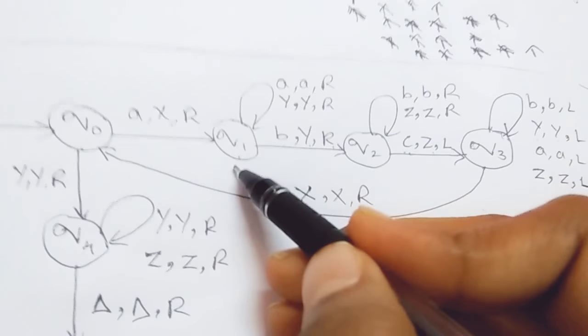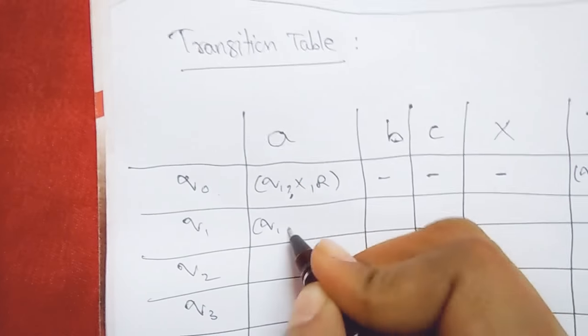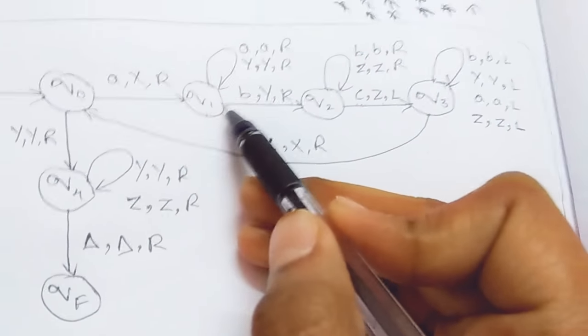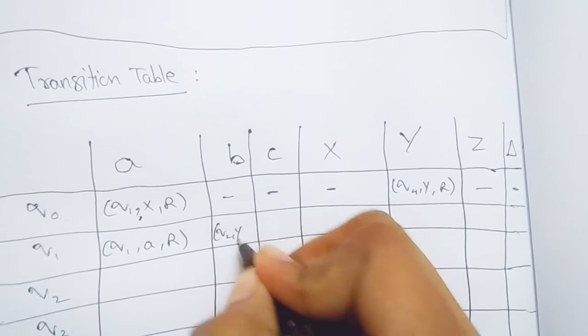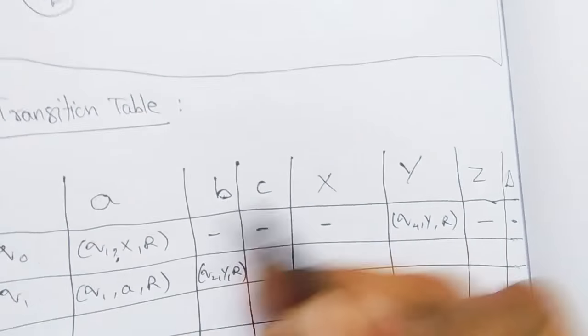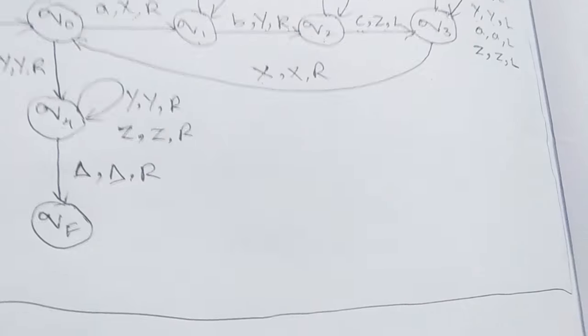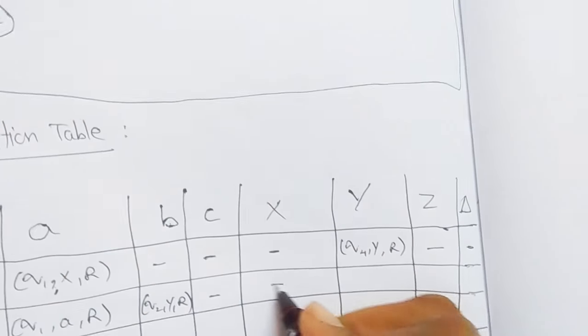And now q1 to a. Q1 to a, the transition state is q1 itself, so q1, a, r. Q1 to b, there is a transition state q2, therefore I'll go with q2, y, r. And now q1 to c, there is nothing, so I'll give a dash. Q1 to x there is nothing, so I'll give a dash here as well.